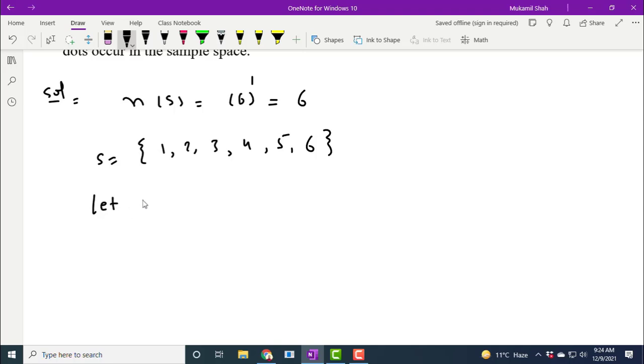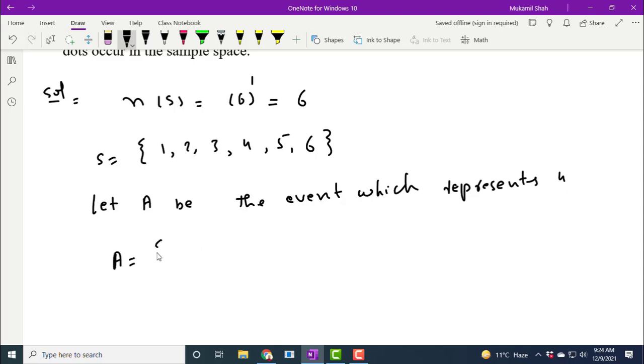So let A be the event which represents 4. Since in a dice there is only one 4, the number of outcomes in A is equal to 1. Now the condition is given that even dots will occur in the sample space.